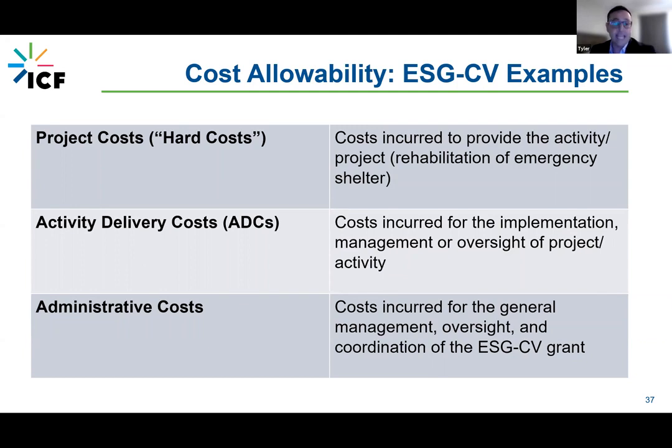For example, intake and eligibility screening of applicants or beneficiaries. Both project costs and activity delivery costs are allocable to the eligible activity budget. Administrative costs are costs incurred for the implementation, management, or oversight of the project or activity and are subject to the administrative cap.